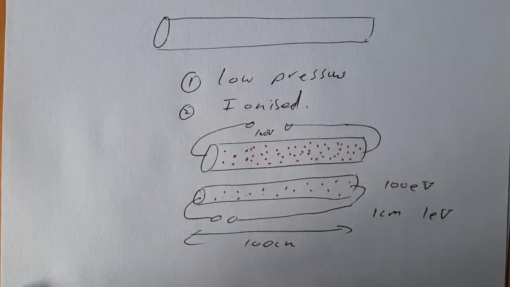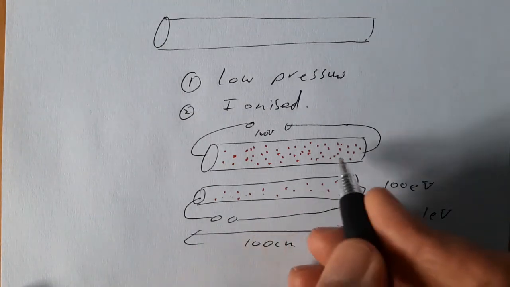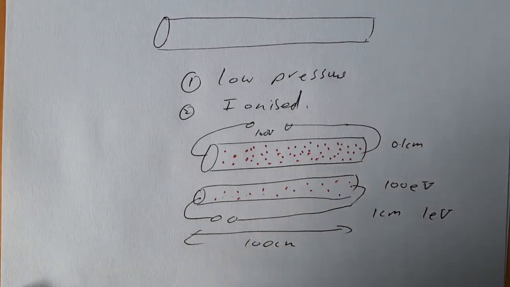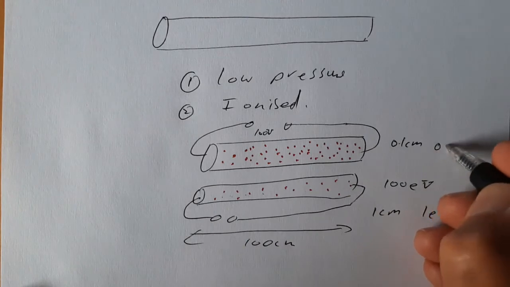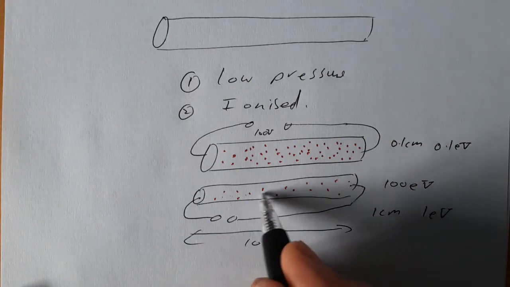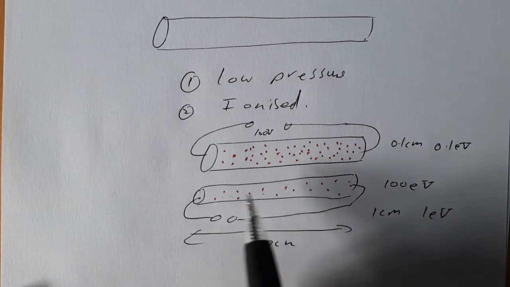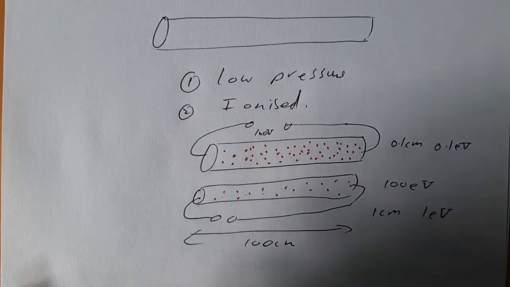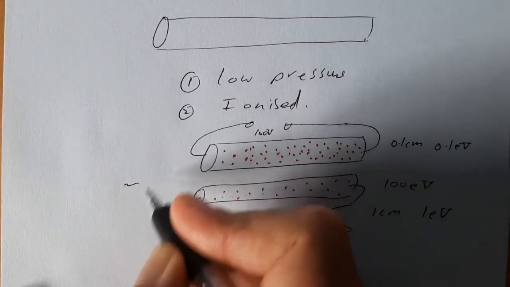In the top tube, the particles are much closer together, so it travels less distance down the tube. So now let's imagine it travels 0.1 centimetres between collisions. So it only gains 0.1 electron volts of energy. So the lower the pressure of the gas, the more energy the electron can gain on average between collisions. And I think typically for visible light, we would need more energy.